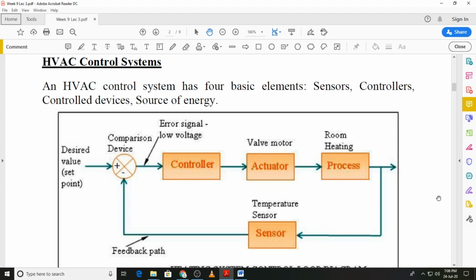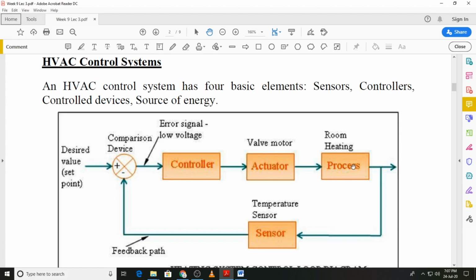For example, the process that we are interested in is room heating, and by using a temperature sensor we can look at the temperature of the room. We will have a desired value, which is known as the set point.